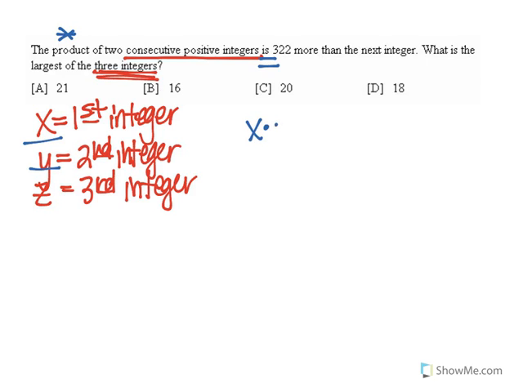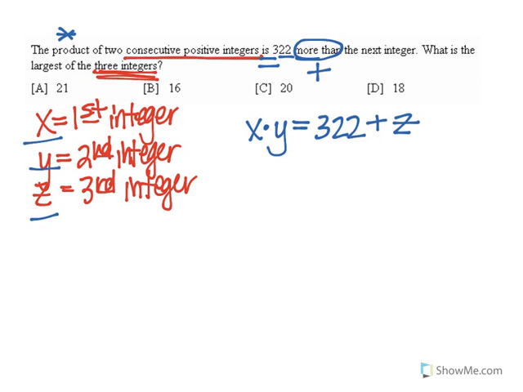So x times y equals 322 more than, now here I'm not dealing with an inequality, so that means plus the next integer. Well, the next integer I said was z. So I have x times y equals 322 plus z.